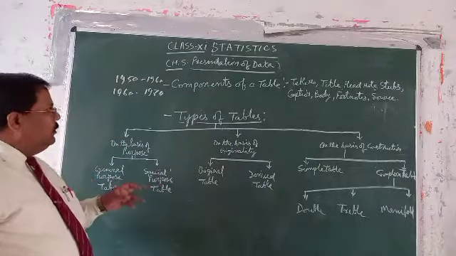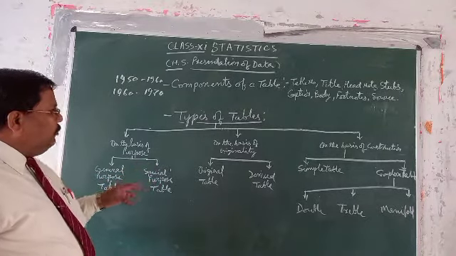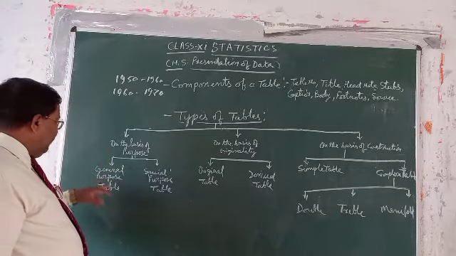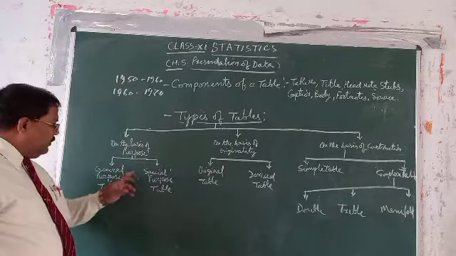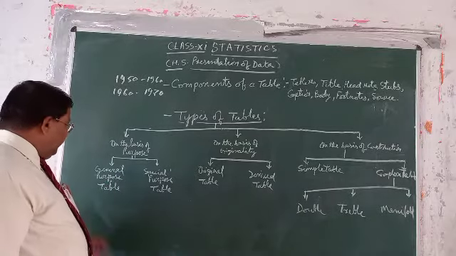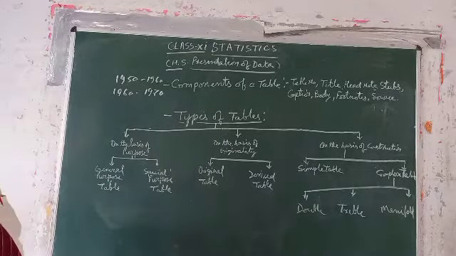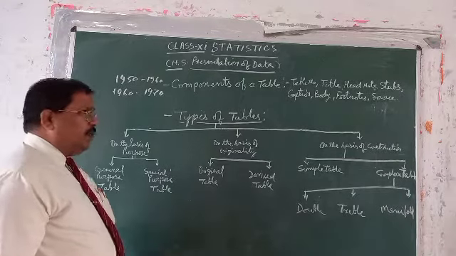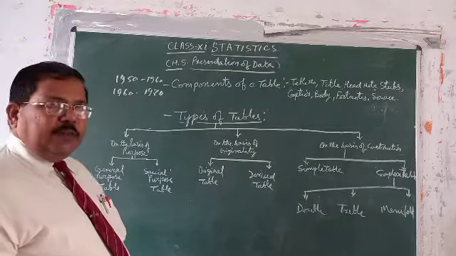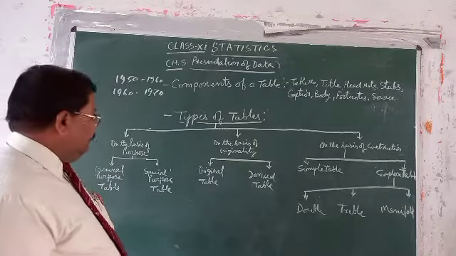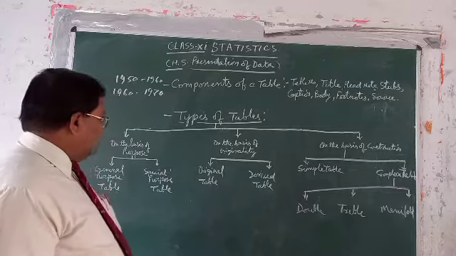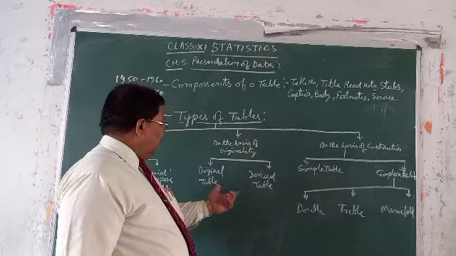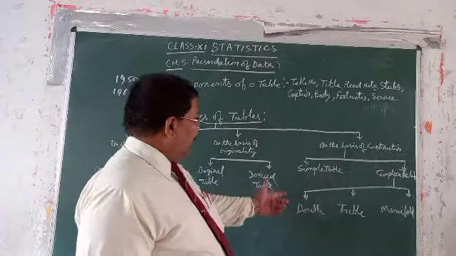We can divide tables in 3 parts, and on the basis of purpose, it is of 2 types: general purpose and special purpose. A general purpose table is applicable to all types of purposes, and if a table is prepared for a special objective, then it is called a special purpose table. Then the second is on the basis of originality, original table and derived table, and then simple table and complex table.